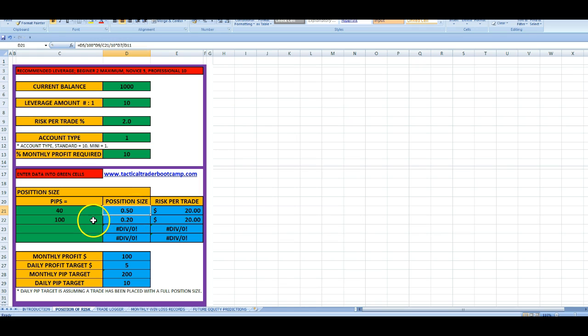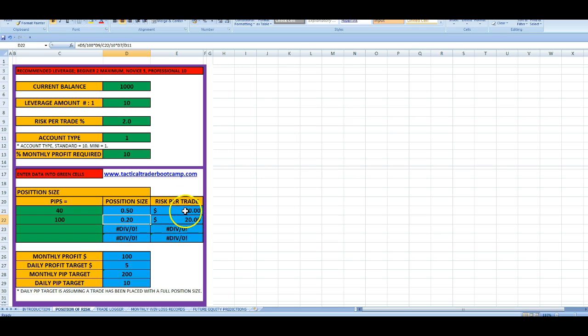If you increase it to 100 pips, the position size is going to be 0.2 mini lots. As you can see here, the risk per trade is static at $20. That's because $20 is 2% of your $1,000.